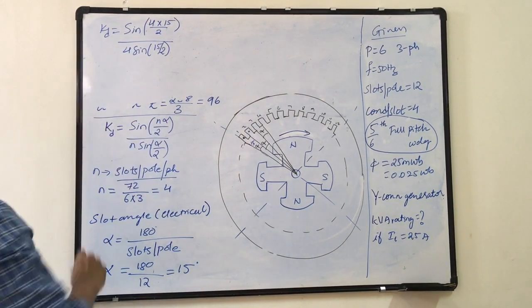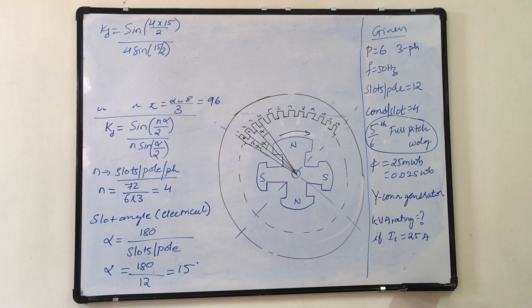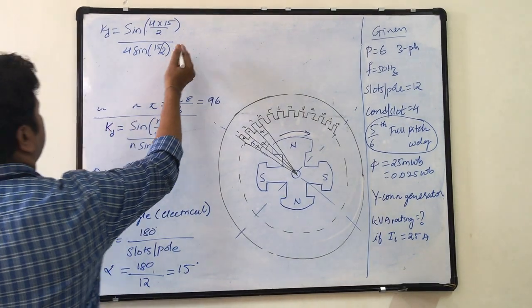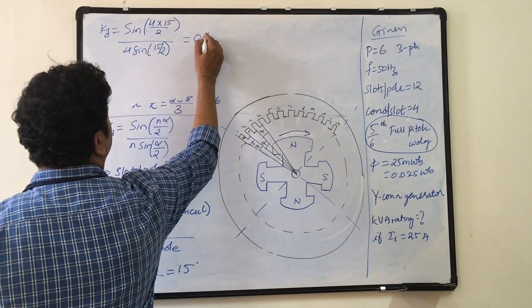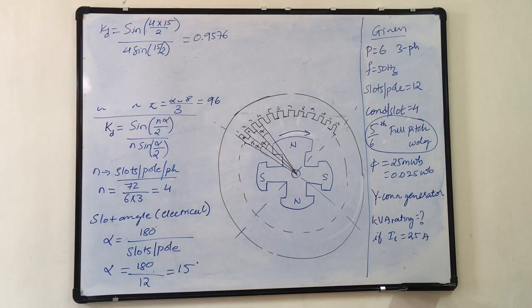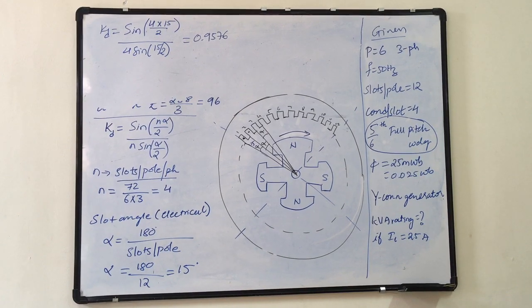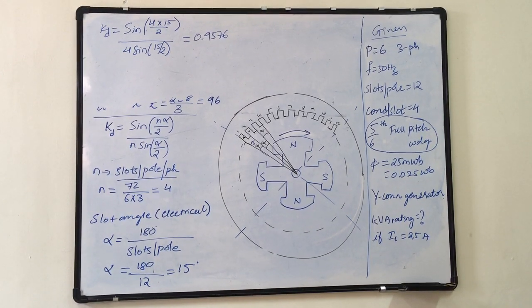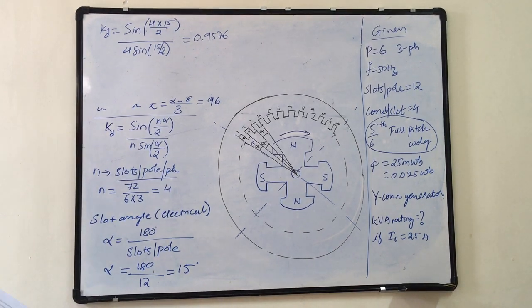You should remember this formula. When you solve this, you will get 0.9576, which will be less than 1, obviously. Okay, this is about kd.